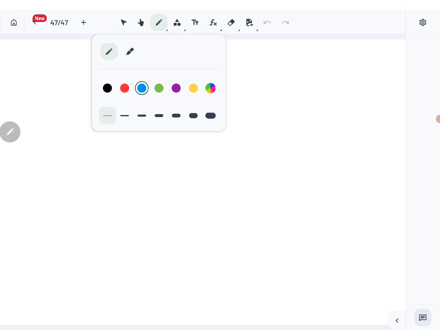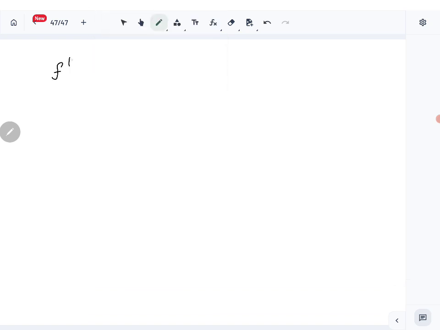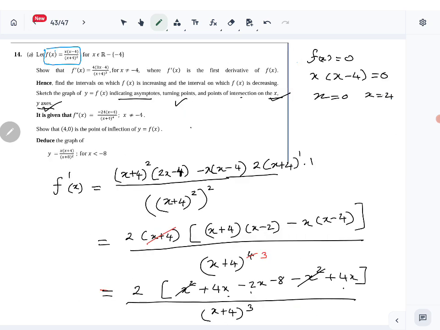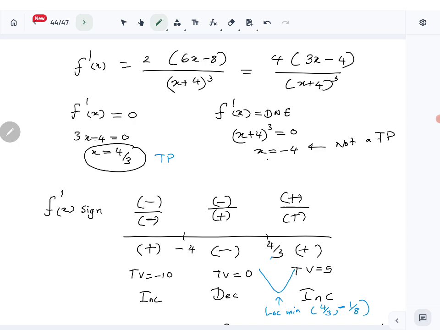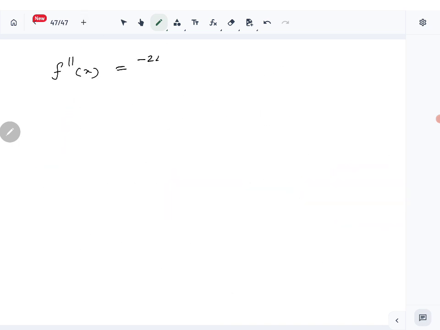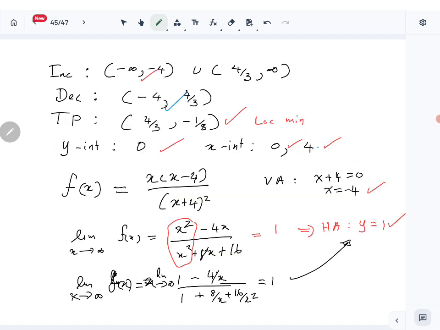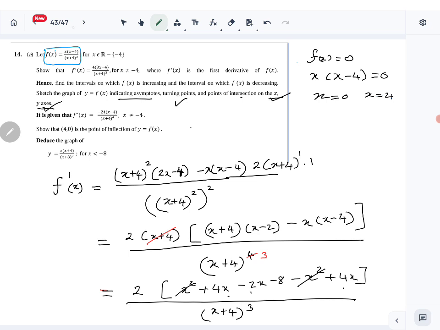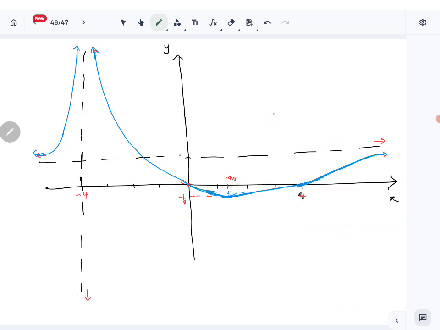So f double dash is what? f double dash is -24(x - 4) over (x + 4) to the 4th power.